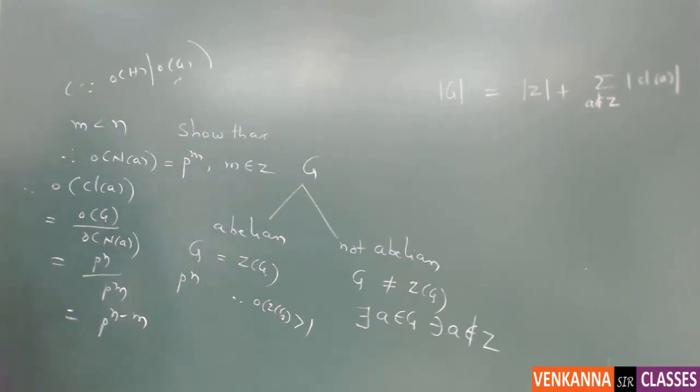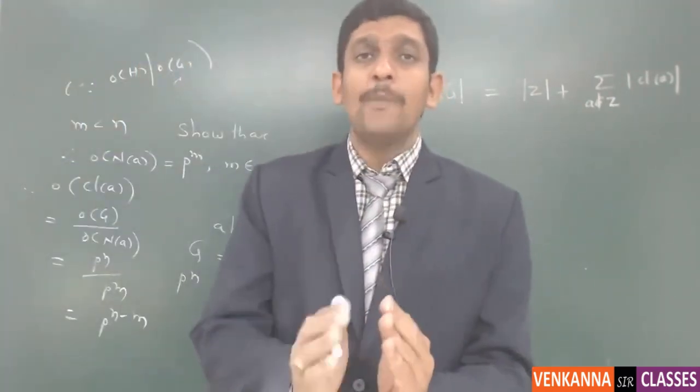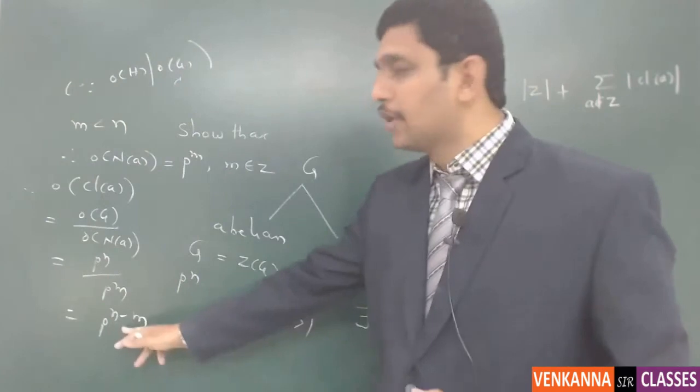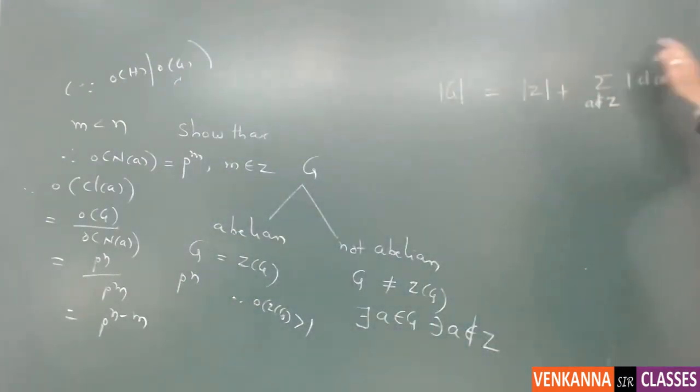Accepted all? So please understand, if you take one conjugacy class, its order is a multiple of P. It is true for every conjugacy class. So every conjugacy class, if you consider how many elements are there, it is a multiple of P. So the sum of these is also a multiple of P.